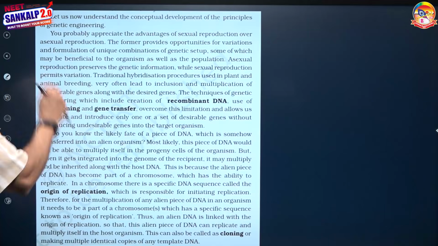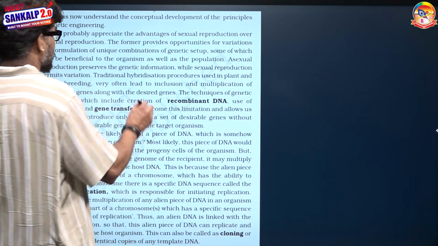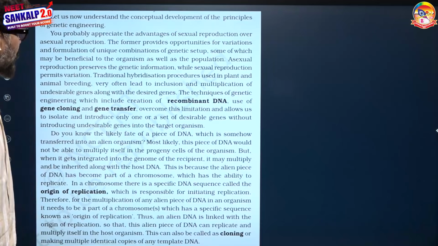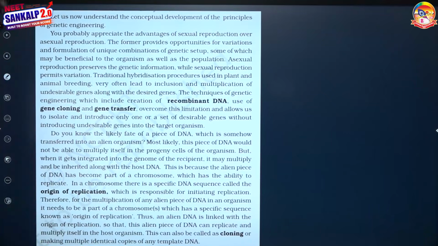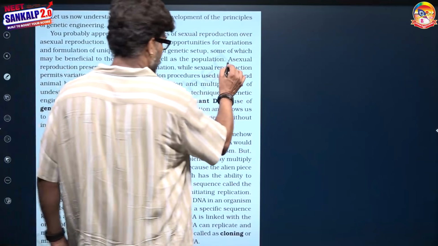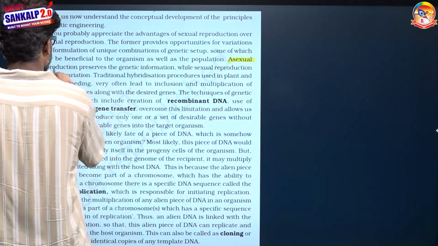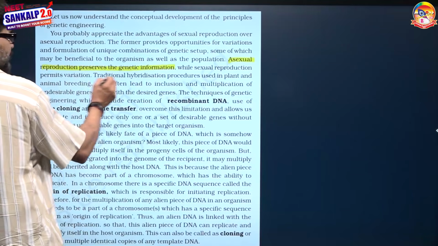Here they mention the advantage of sexual reproduction over asexual reproduction. We know that it provides opportunities for variations and the formulation of unique combinations of genetic setup, which may be beneficial for the organism as well as for the population. Asexual reproduction preserves the genetic information, means whatever genetic constitution we achieve would be maintained here, while sexual reproduction permits variations.